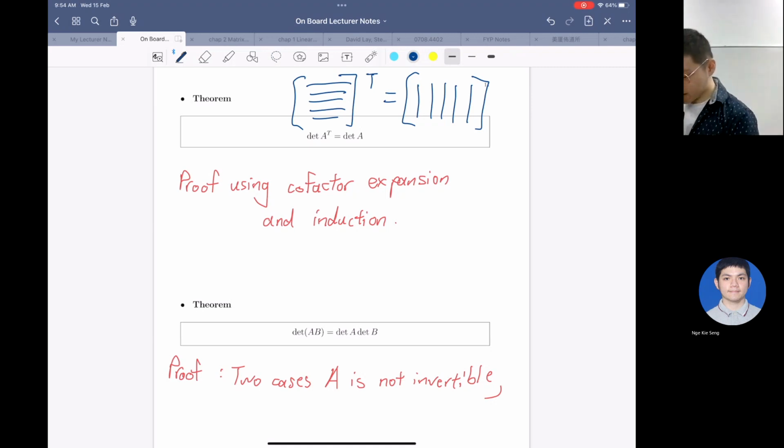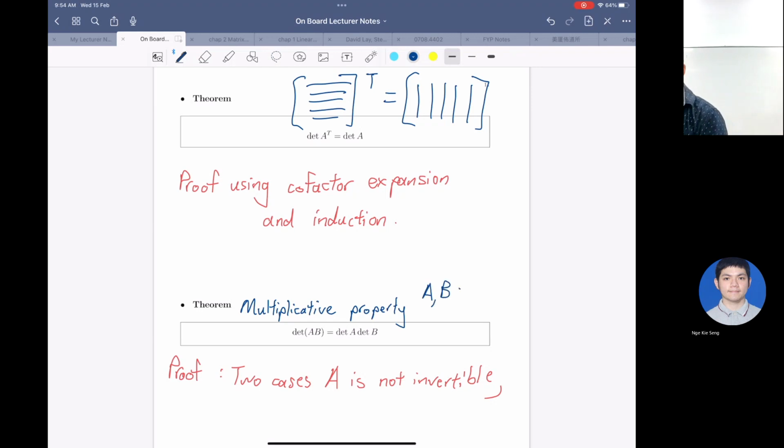And then the next part is harder. The determinant of AB is equal to determinant of A times determinant of B. So this is the multiplicative property. This is similar to the square we drew last time.